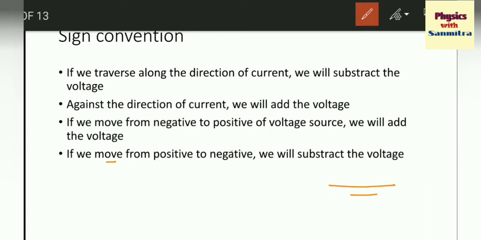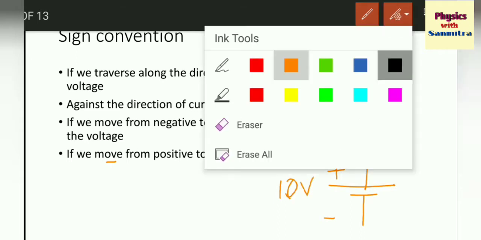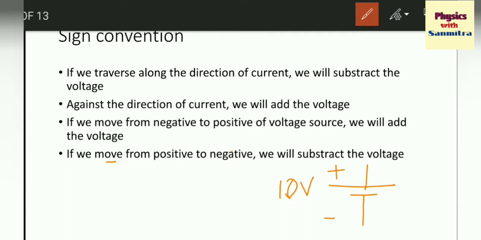This is a voltage source, this is negative, this is positive, and let's say this is 10 volt. This is point, say, P, this is point Q. Just see, from point P we are moving up, and there is an increment of 10 volt, because the voltage source is giving a constant potential difference of 10 volt.